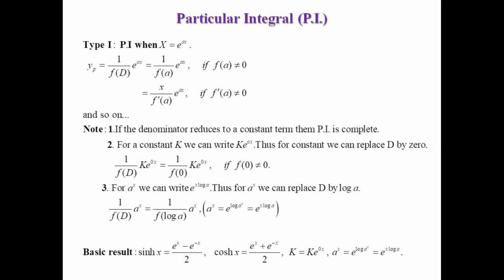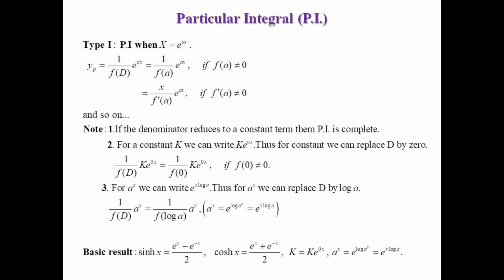The answer is that if the denominator reduces to a constant term, then we have reached the complete particular integral of the given equation. That means the denominator is free from the operator D.